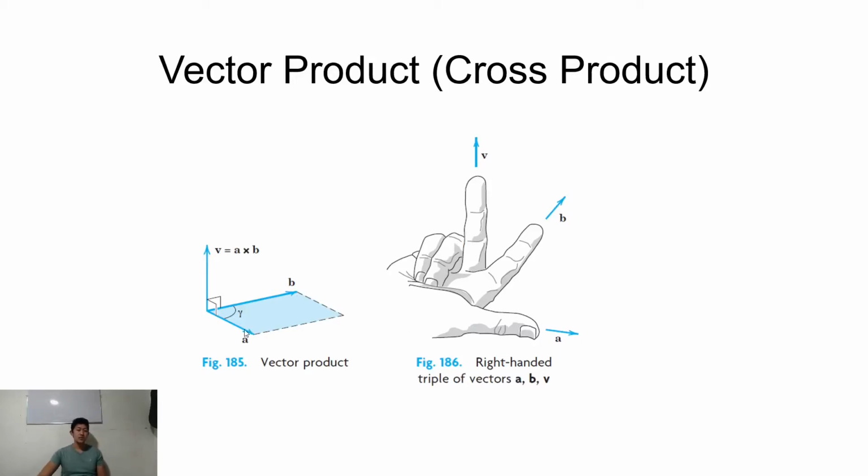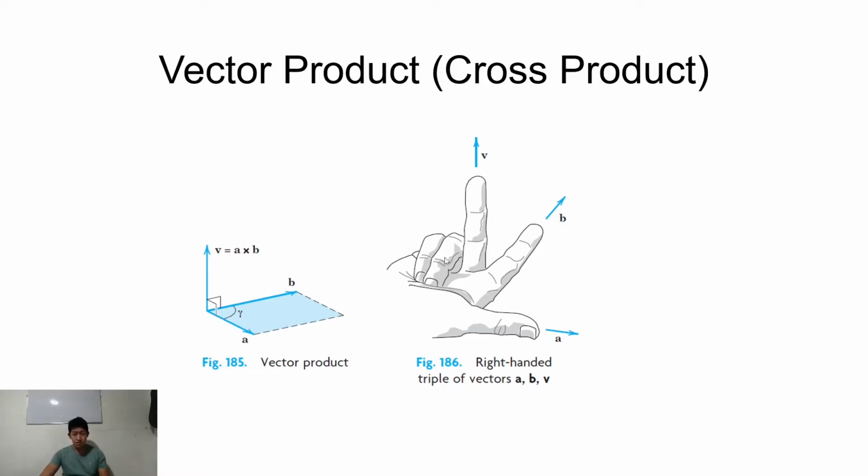When you cross A and B, the resulting vector has a direction perpendicular to the plane of the two vectors.